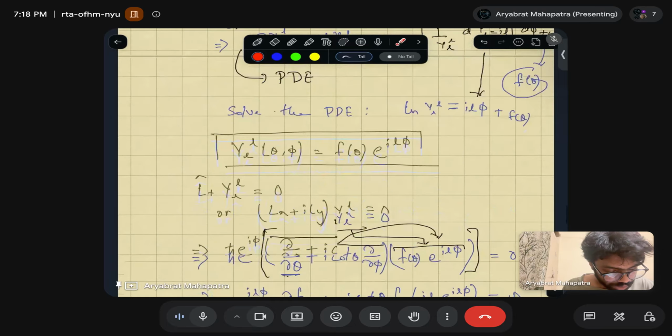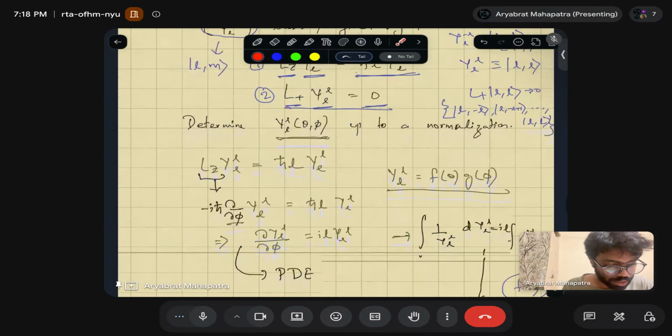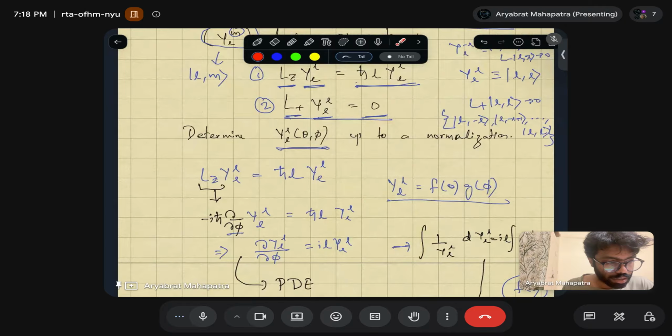So any problem in this question or anything here? Any doubt? Anything not clear?